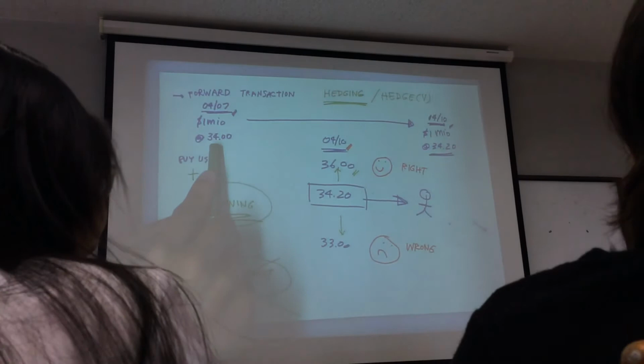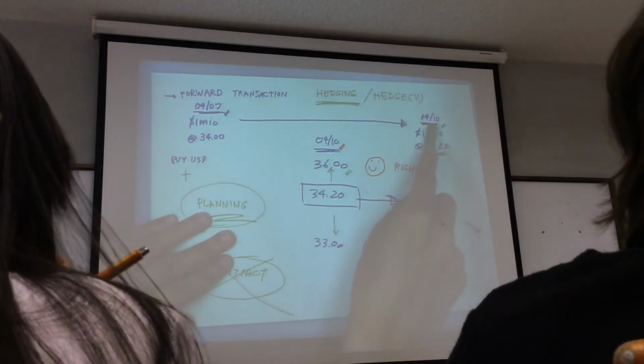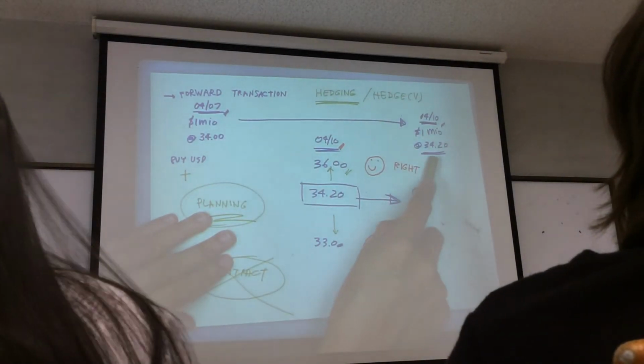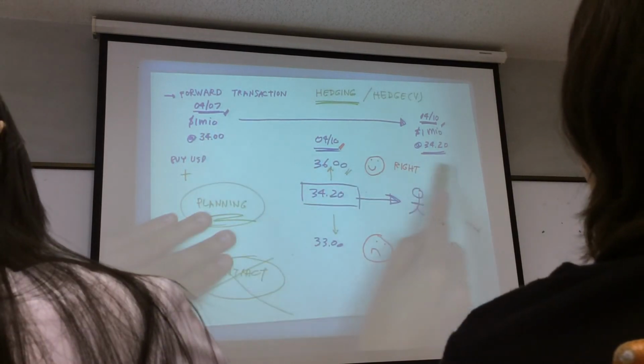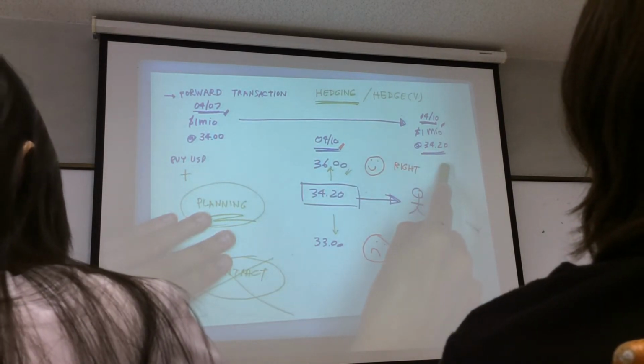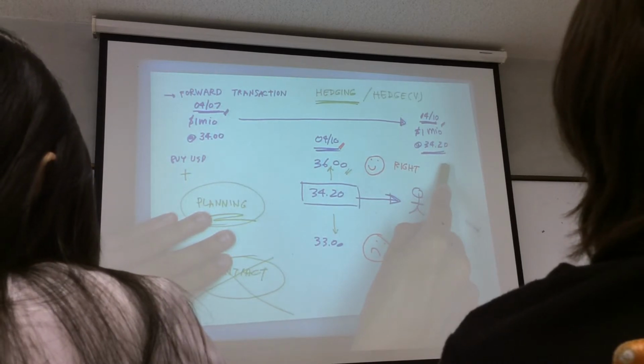So what is premium and what is discount? The last example I gave you: if you buy dollars today, you buy at 34. If you buy in 3 months' time, you buy at 34.20. It means that you pay more if you want delivery in the future.